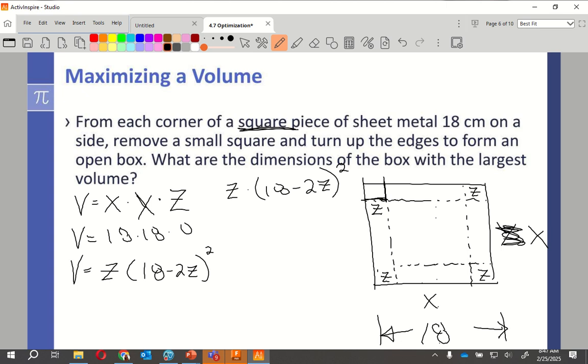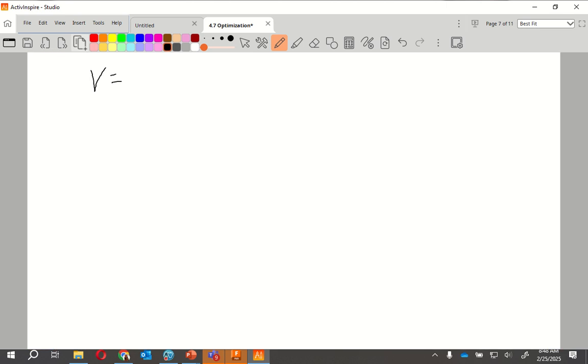From what we learned in the last one, we're trying to minimize or maximize, which means I need to set the derivative equal to 0. So let's do that next part on a new page. We could either expand this or use the product rule, so I'm going to use the product rule.